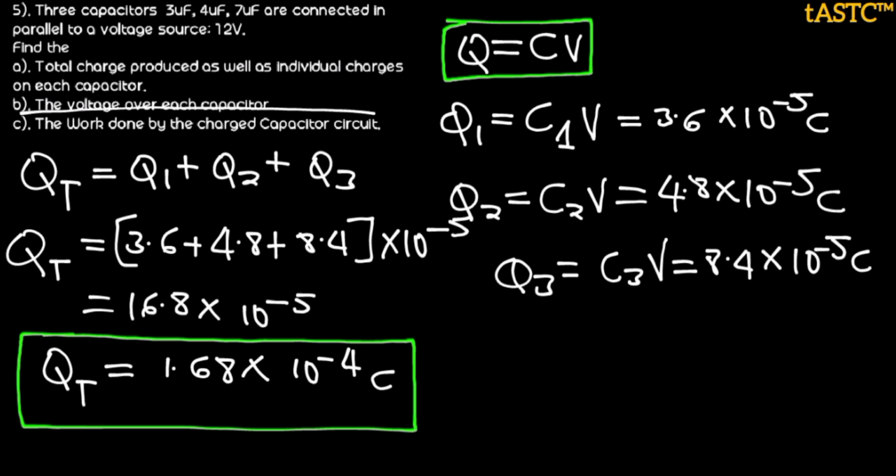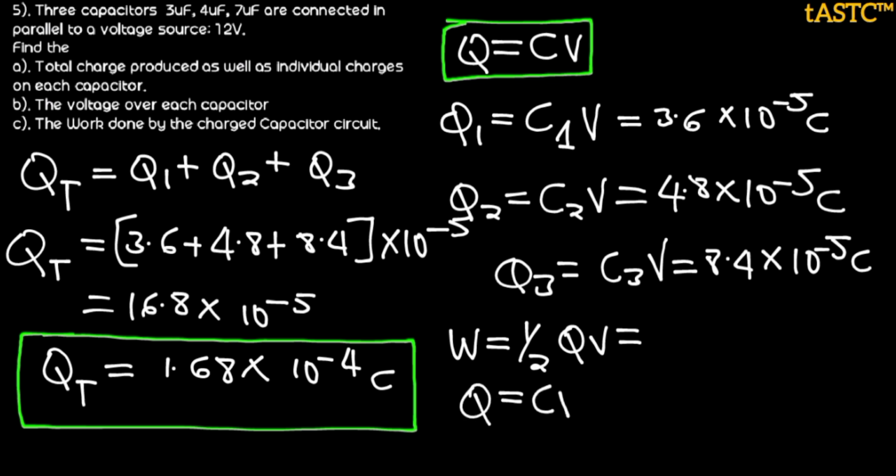Now here we need to find out what is going to be the work done. Now we know that work done, W, is going to be 1 over 2 QV. Because we know Q is the same thing as CV, this could also be represented as 1 over 2 CV multiplied by V, so that should give us 1 over 2 CV squared.